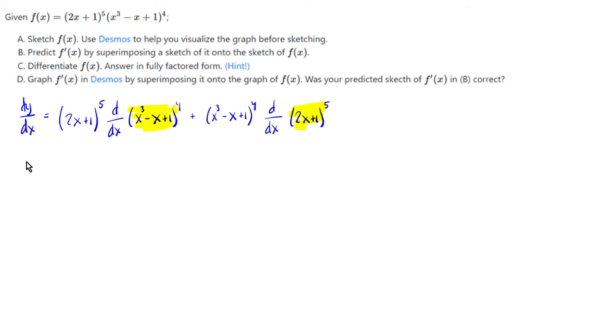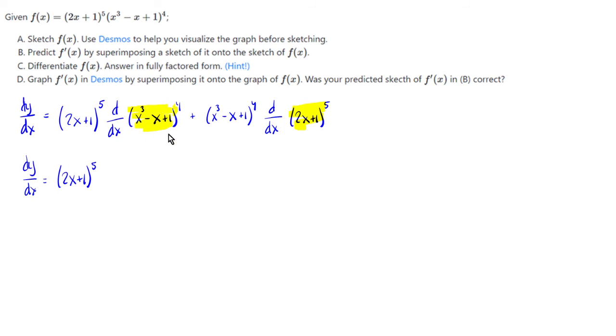So it's going to be the derivative, hold on, the derivative dy/dx of (2x plus 1) to the power of 5.